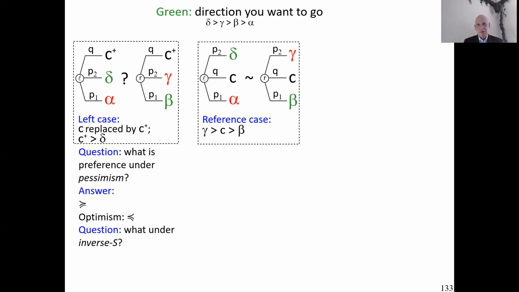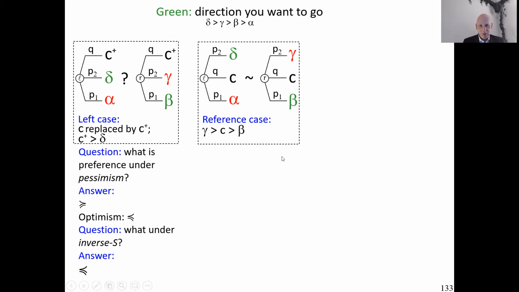Now, with that refreshed in your memory, can you reason what the preference would be for inverse S? Stop the video and then come back. I assume you're done now, so then let me show you. For inverse S, the preference will be for the right.